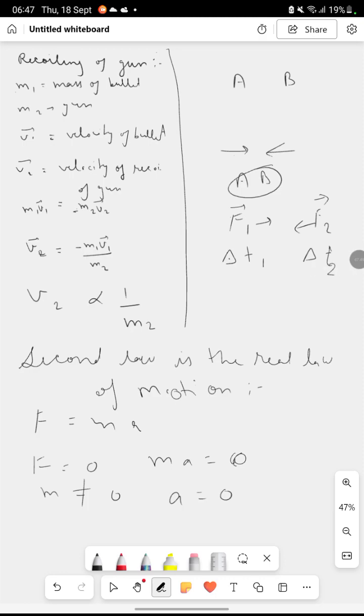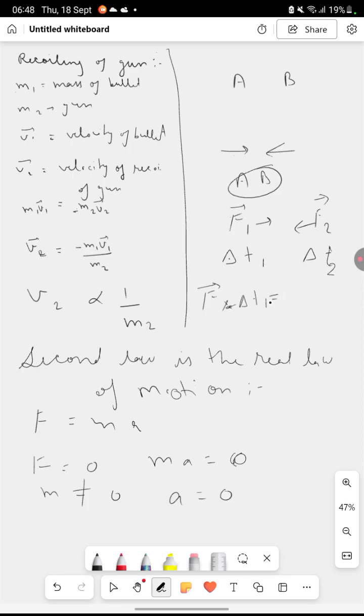Now from here we can find linear momentum. The linear momentum, we know, is F into time, meaning force into time. F is the force and del T1 is the time.